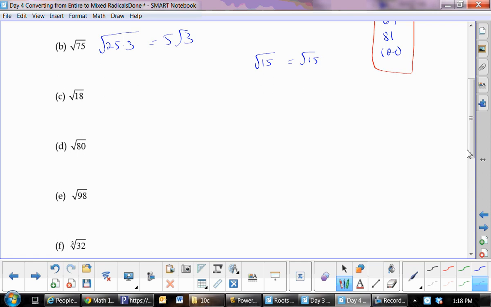But root 18, what times what? 9 times 2. The 9 comes out to become a 3. Okay, 80 is an excellent example of where students really struggle because they're like, how come mine's not right and theirs is right?